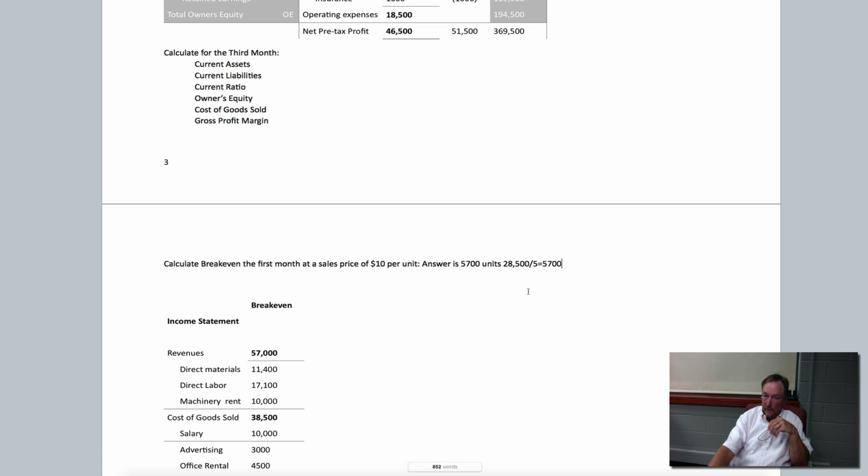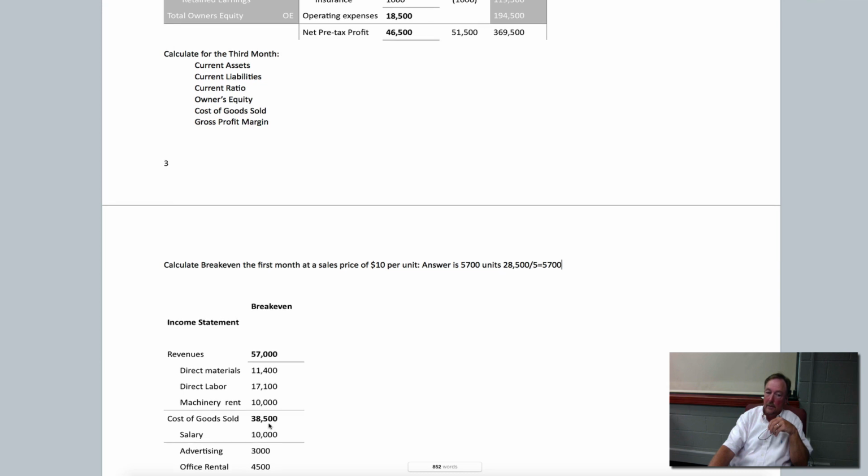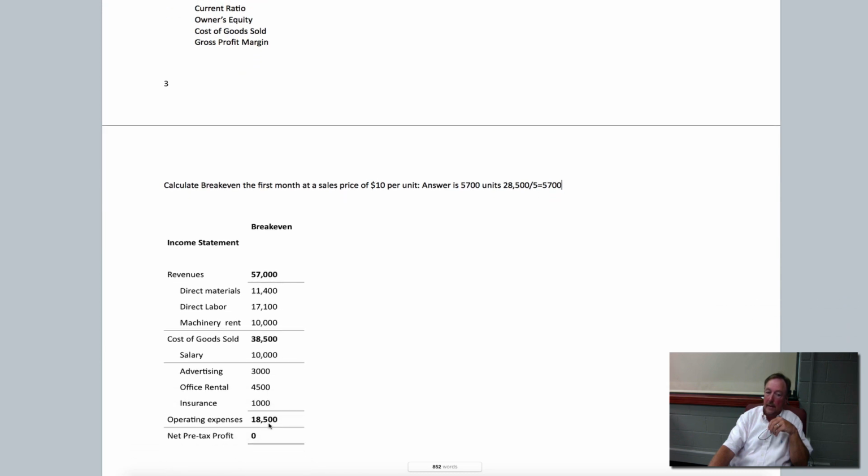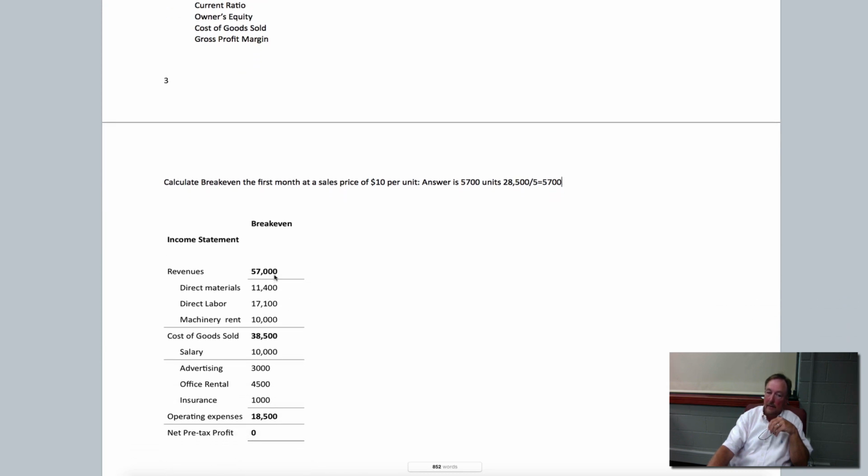If we're going to sell 5,700 units at $3 direct labor, we're going to have $17,100 worth of costs. And of course, there's our fixed rent, there's our salaries, there's our advertising. And if we take $57,000 in sales, we now have $38,500 worth of cost of goods sold, which exactly means that our gross margin is $18,500. That's enough to pay off our operating expenses, and our net profit is 0.